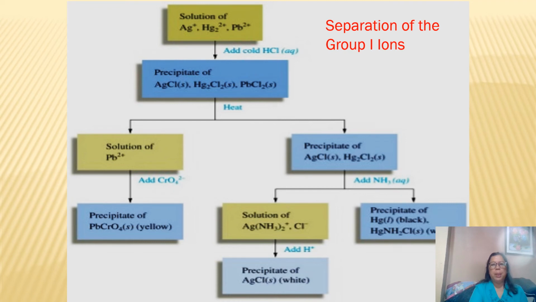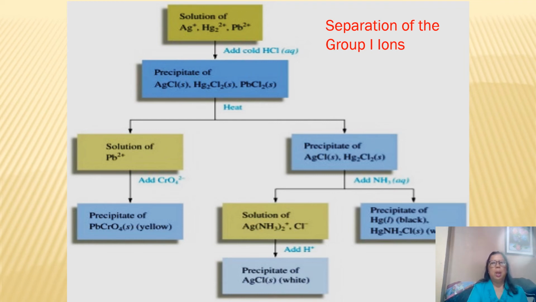But if you continue the solution to test for the presence of silver or mercury, upon the addition of ammonia, then addition of acid, the formation of white precipitate will say that silver is present. Upon the addition of ammonia and a black precipitate was formed, then mercury is present.